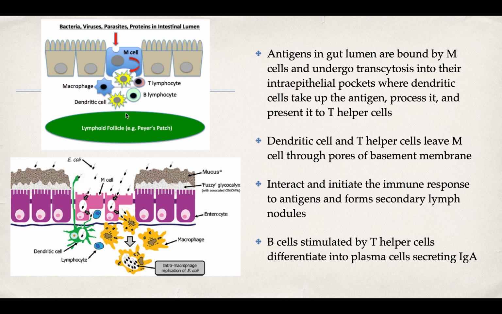These guys have to stay behind. They interact and initiate the immune response to the antigens and form the secondary lymph nodules. B cells are going to be stimulated by T cells, and those differentiate into plasma cells, and those secrete more IgA. So as you can see, lymphocytes go, dendritic cells relay information, M cells are right here.